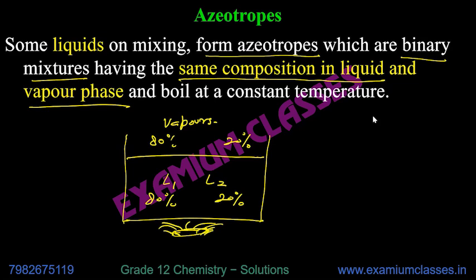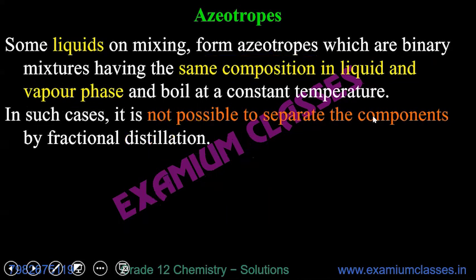So this is the definition: if we boil these, the composition which was there in liquid phase will be the same in vapor phase and they will have the same boiling point. So in such cases, it is not possible to separate the components even by fractional distillation. Distillation is used where the difference in boiling point is considerable, substantial.